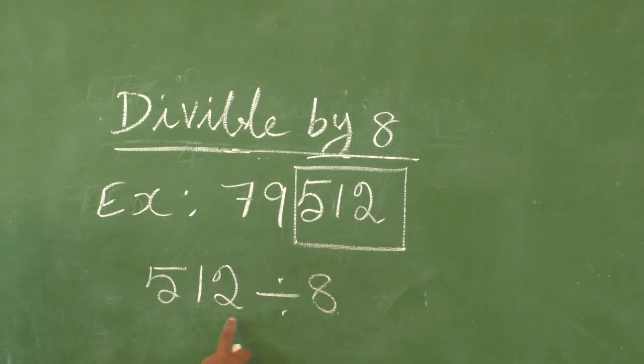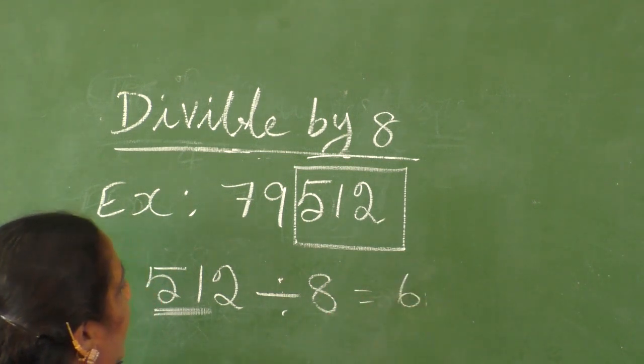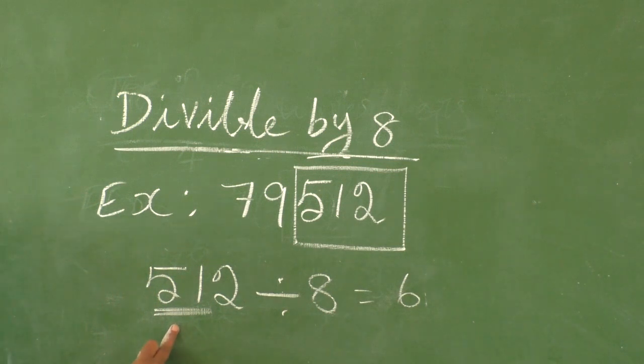See, 512 by 8. First I am checking the first digit, it's a 5. 5 is smaller than our divisor, so you have to take 2 digits, 51 now. How many times will 8 come? 5 8s are 40, 6 8s are 48. So 51 minus 48 leaves a remainder of 3.